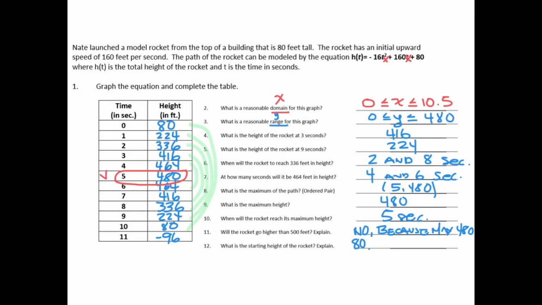And if that doesn't make sense to you, we need to go back and read. We will notice that it says he is launching the rocket from the top of the building. So it is starting at 80 because it's at the top of the building. In other words, it didn't start from the ground.